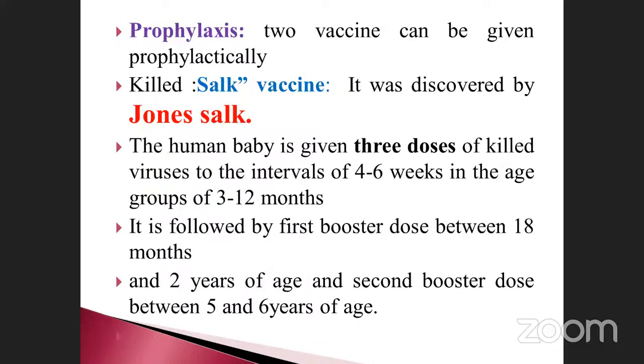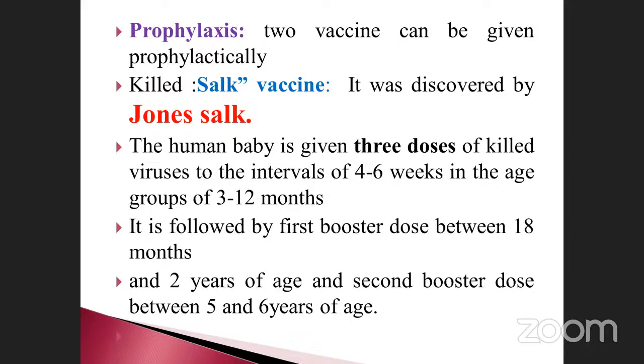What are the two types of vaccine given for polio? One is called the Salk vaccine, another is the Sabin vaccine. Salk vaccine was discovered by the scientist Jonas Salk.